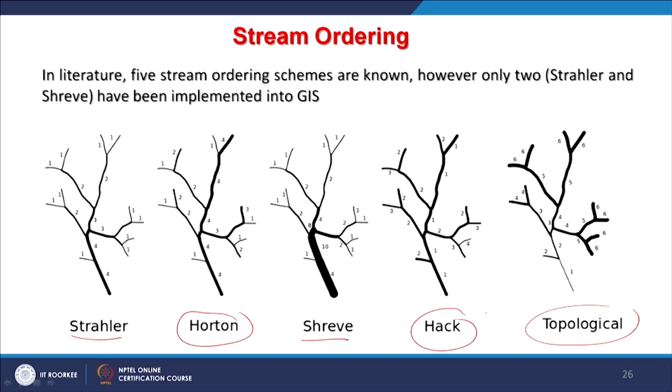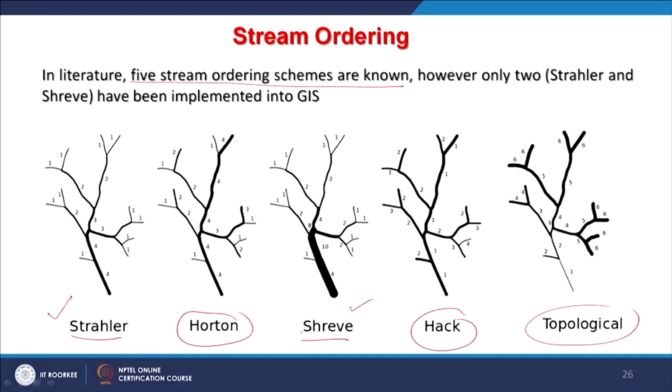So in literature you may find five stream ordering schemes. However, as I have mentioned, in software only either Strahler or Shreve or both have been implemented, not many. Personally, my choice is the Strahler method, which I find very simple. After all, we have to give some order.